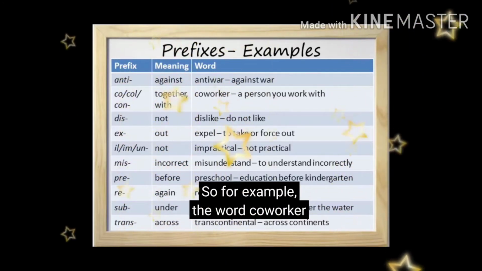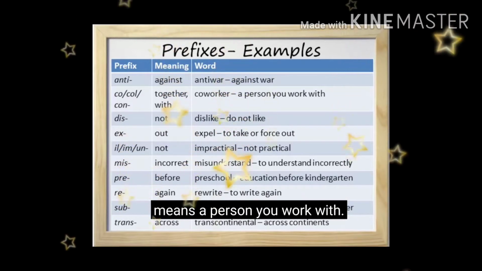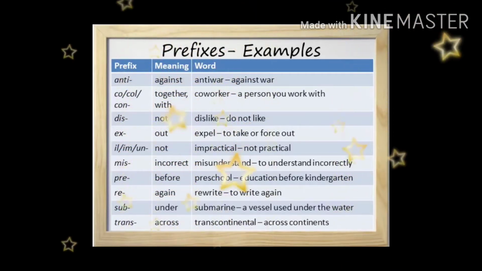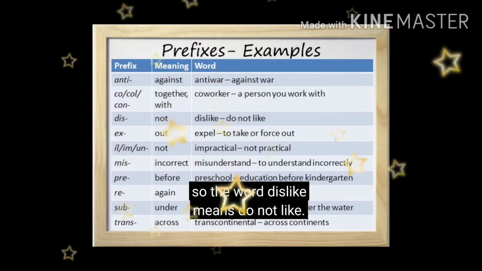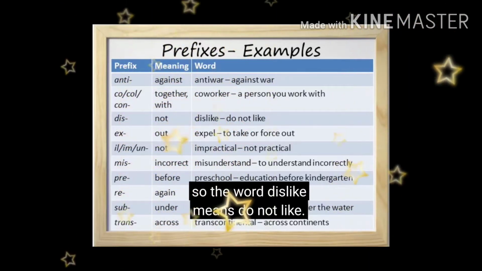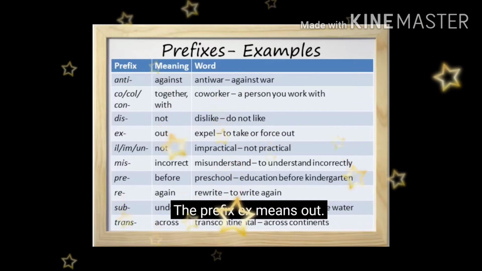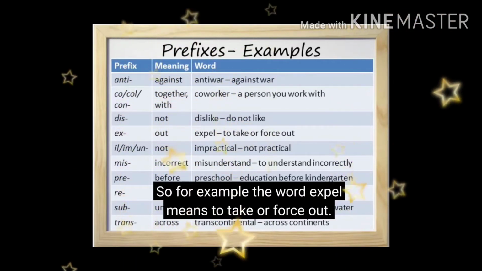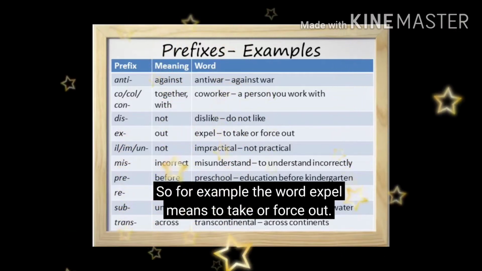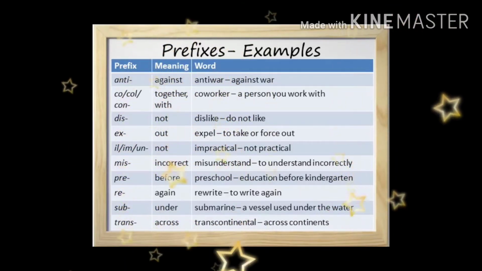For example, the word co-worker means a person you work with. The prefix dis means not, so the word dislike means do not like. The prefix ex means out. For example, the word expel means to take or force out.